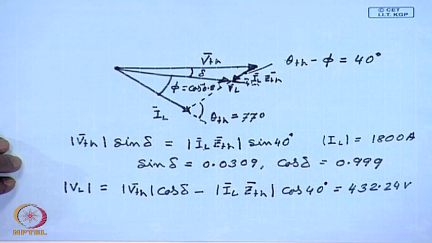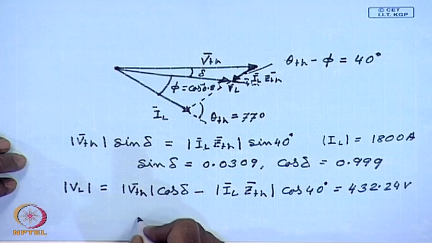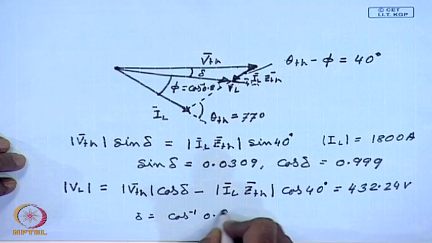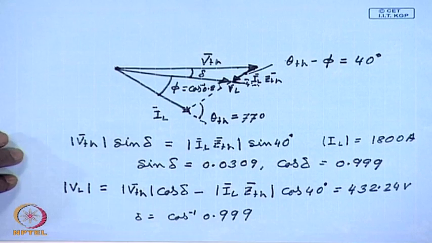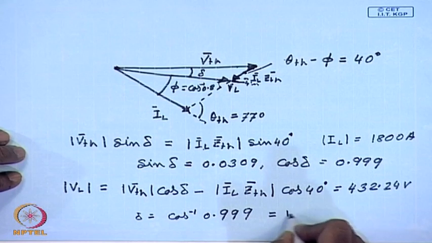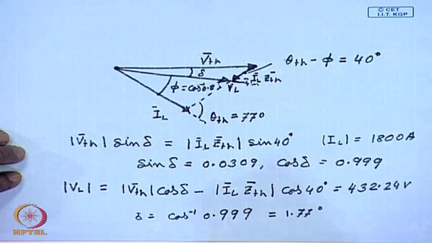What is the angle delta? Delta equal to cos inverse 0.999, which comes to 1.77 degrees.